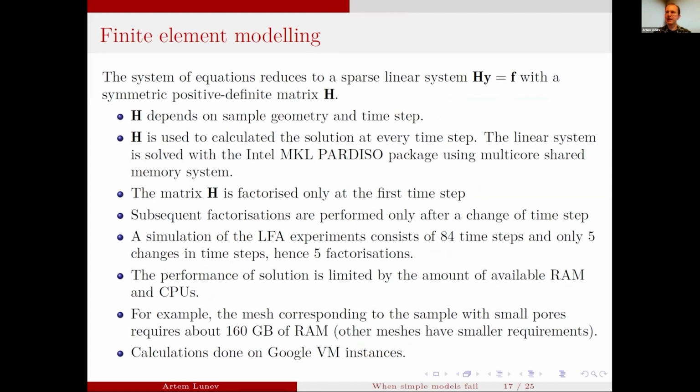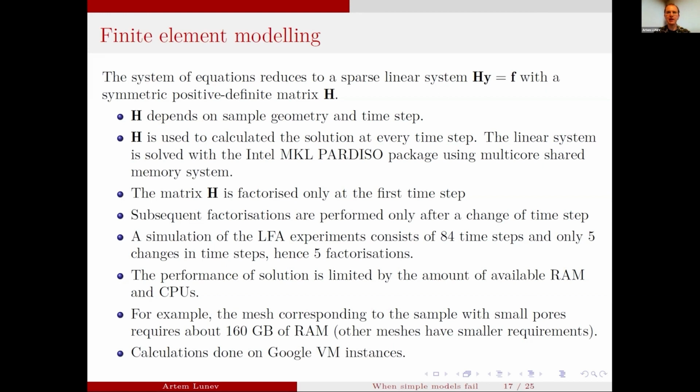We also took advantage of the linearity of the problem, and this has facilitated the calculations very much, because the factorization for the matrix can only be done at the first time step, and then you only need to do subsequent factorization when you change the time step.